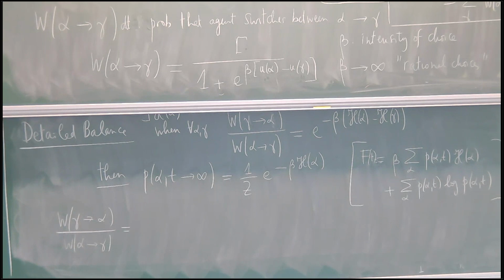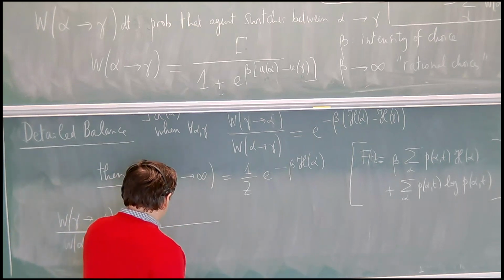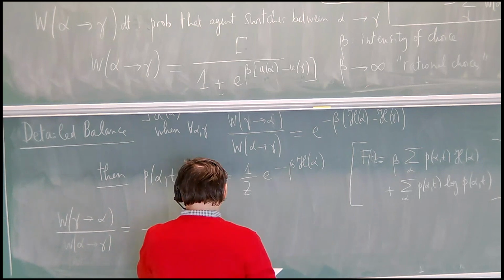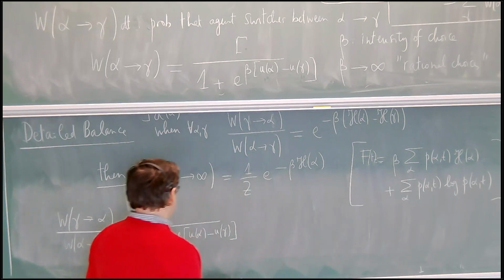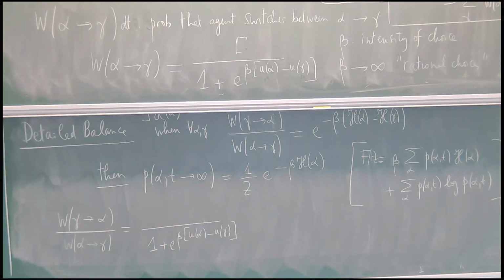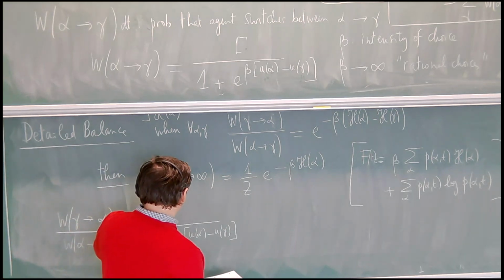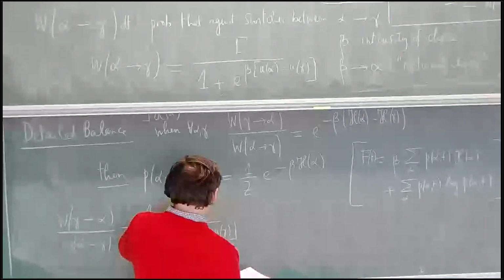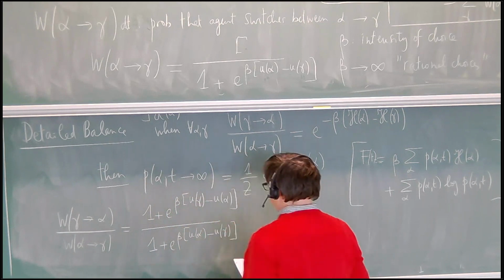Well, clearly the gammas disappear, so we will have 1 plus exponential of beta (u alpha minus u gamma) coming here. And at the numerator, it's going to be 1 plus exponential of beta (u gamma minus u alpha).